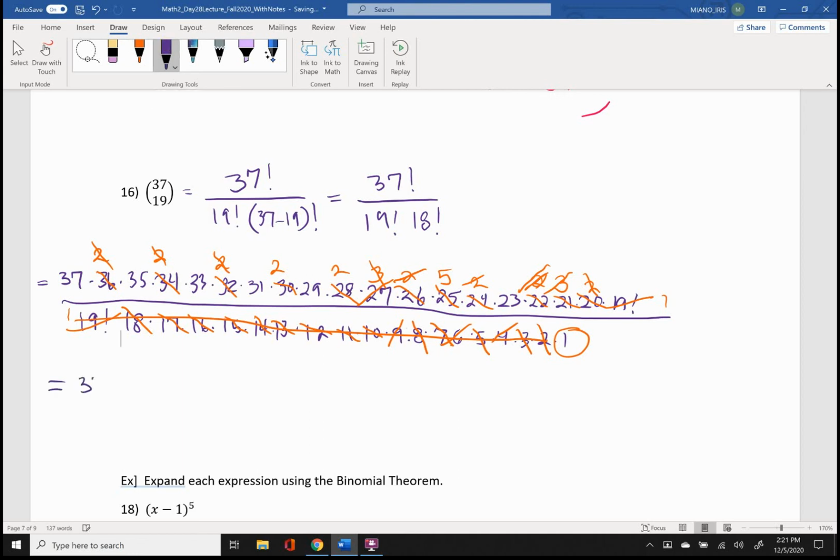37, 35, 33, 31, 29. There's this factor of 2. Sorry, I don't want to overlook that. Oh, actually, you know what? I want to be very careful about this and just scan very robotically from left to right.